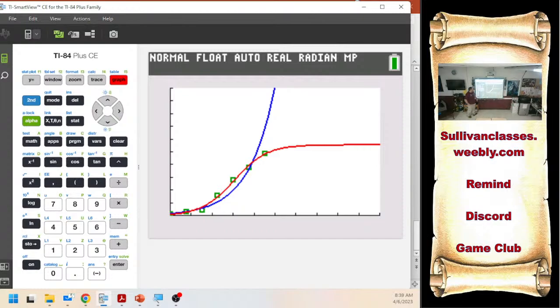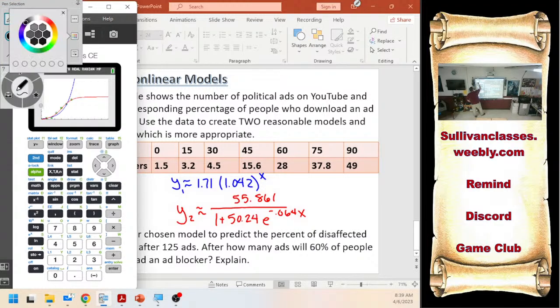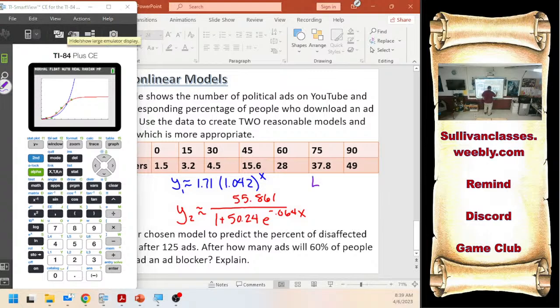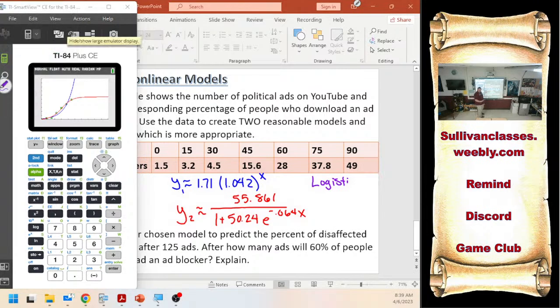So, I have my two models. My more reasonable one is logistic, and I'm just going to say logistic. I'm going to say it's logistic because percent can't go past 100. Like, that's simple.